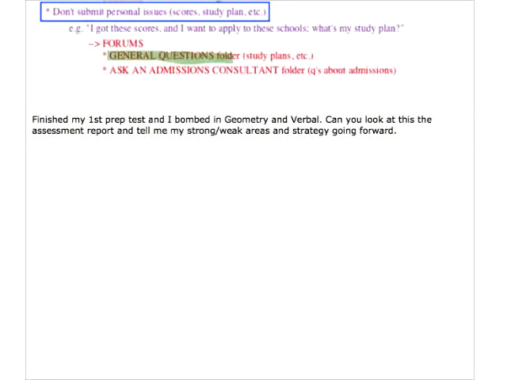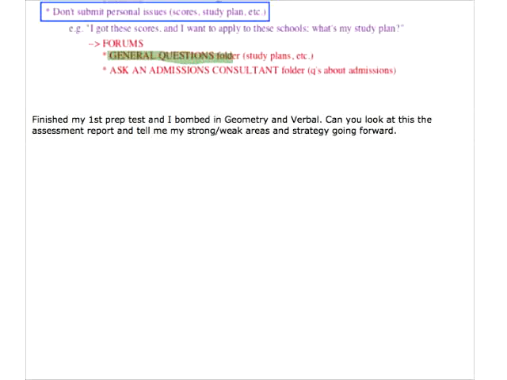It's on the forum. It's the very first folder on the forum. In fact, I can just give you guys a quick screenshot of the forum folders and show you where that is. Okay, it's the very, very first folder on the entire forum.